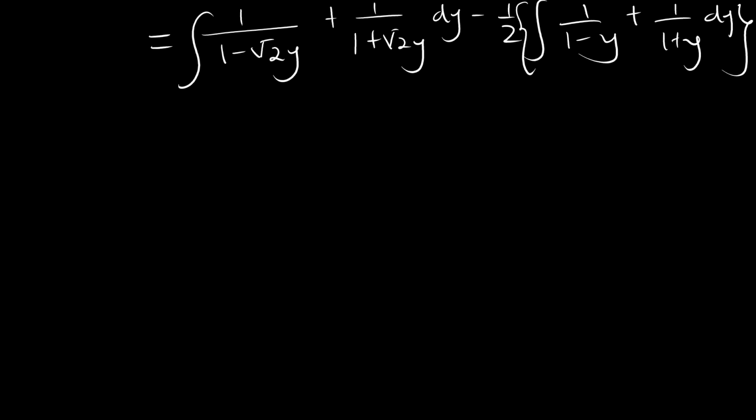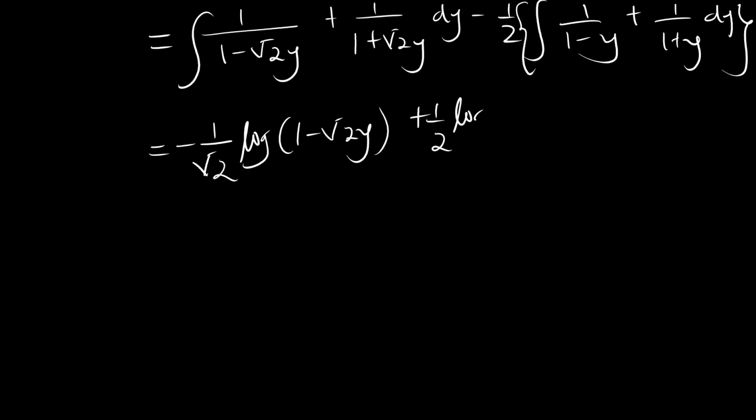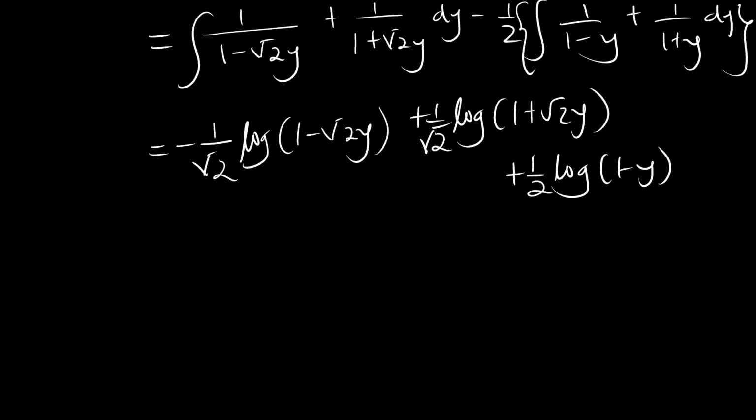So this is very interesting, because now we do have negative 1 over root 2 natural logarithm of 1 minus root 2 y plus a half natural logarithm of 1 plus root 2 y, minus a half, minus we have plus, log of 1 minus y, minus a half natural logarithm of 1 plus y plus c.